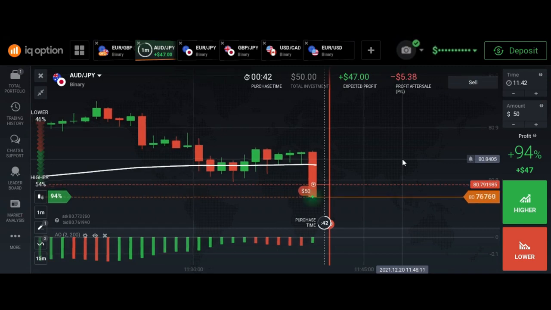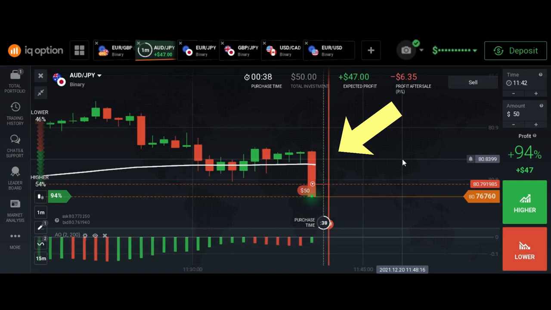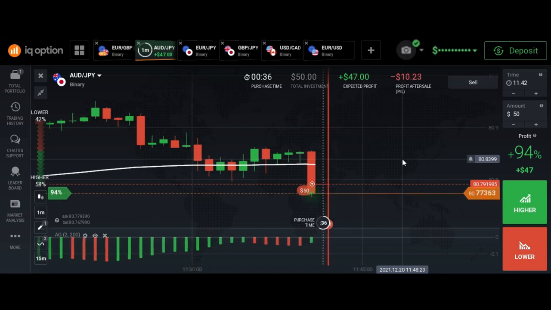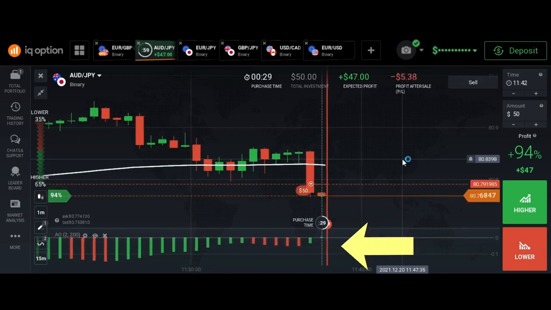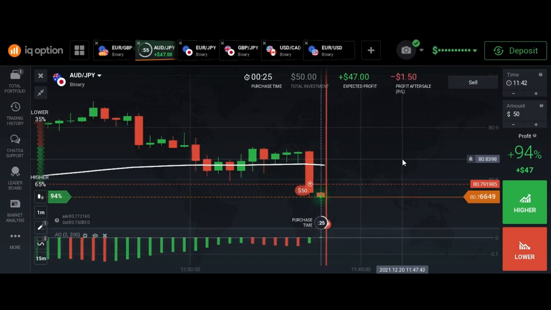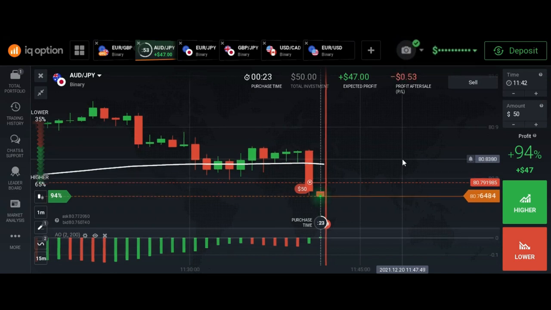Even so, a red candle crossed the EMA moving average and the bars of the awesome oscillator were below the line. I did the operation and it seems to be going quite well.